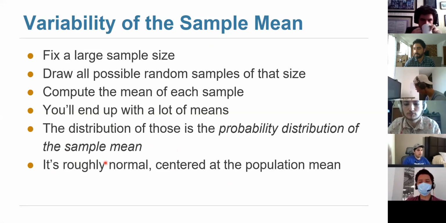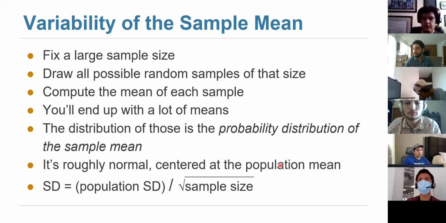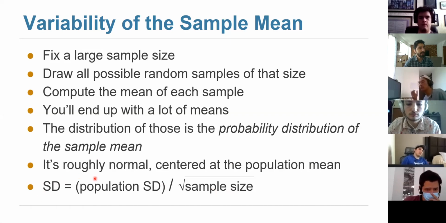It would be roughly normal, centered at the population mean. Then we saw that there is an inverse relationship between the standard deviation of this distribution and the sample size. The bigger the sample size you take, the lower the standard deviation would be. You remember, that is what we calculated last time.